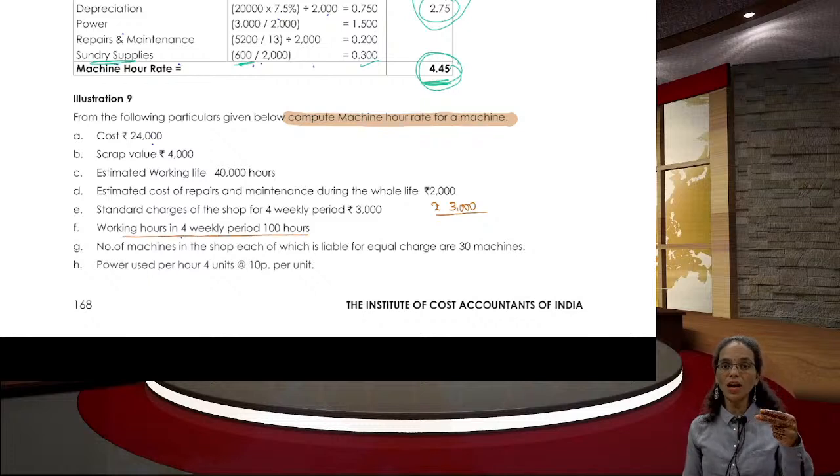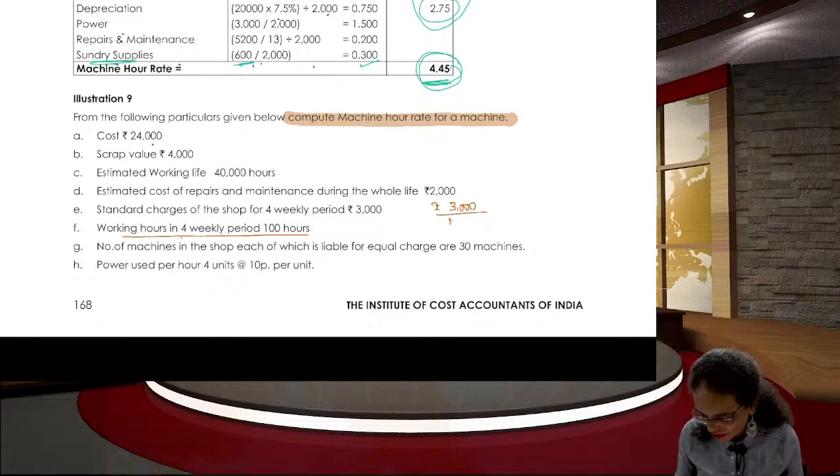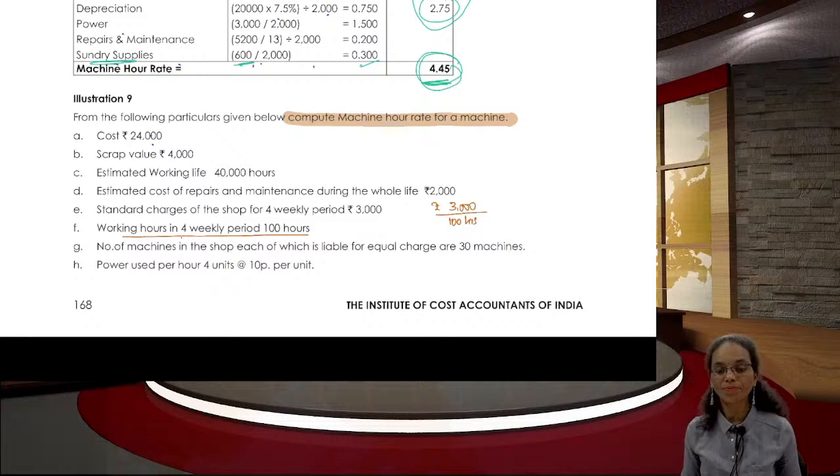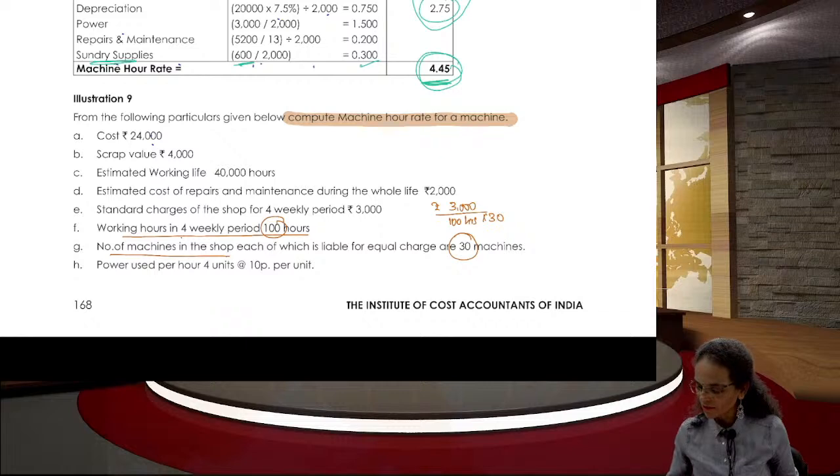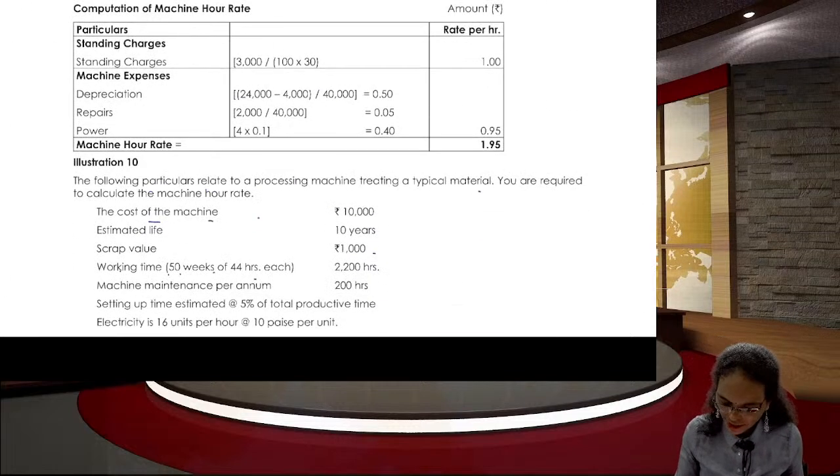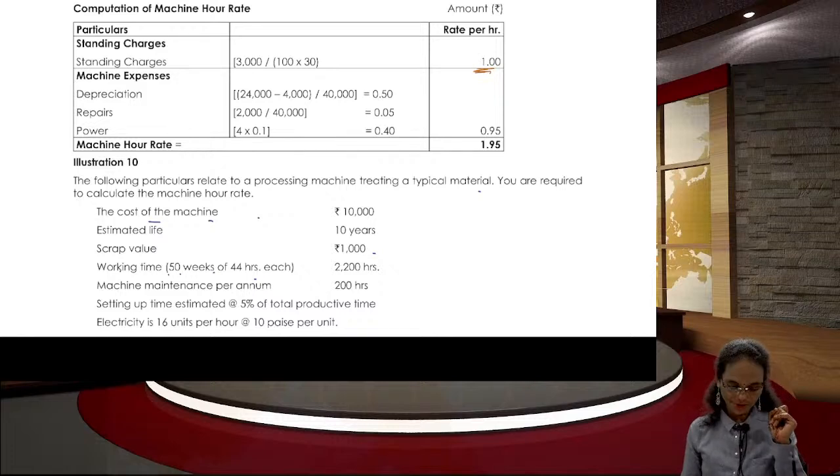This 3,000 rupees should be recovered from the number of hours, 100 hours in the period. One machine is running for 100 hours, and in the same manner we have 30 machines. So in the denominator, multiply with 30. 3,000 divided by 100 divided by 30 is nothing but 1 rupee. So you are getting 1 rupee as the standing charges.